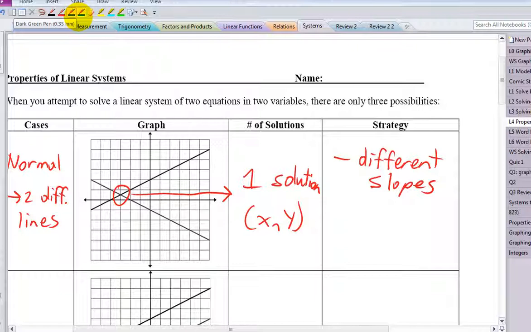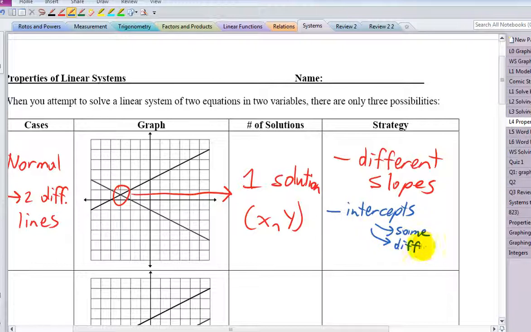They have to cross once. We don't know where, but they will only cross once. The intercepts are kind of irrelevant. The intercepts could be the same, or they could be different. We don't really care about them.